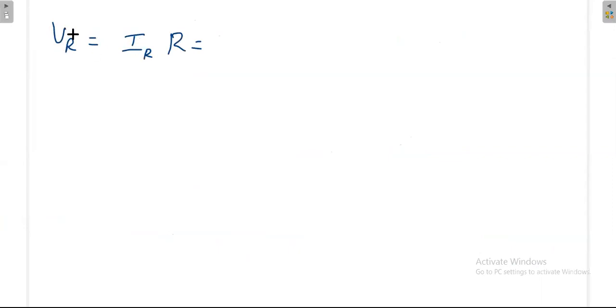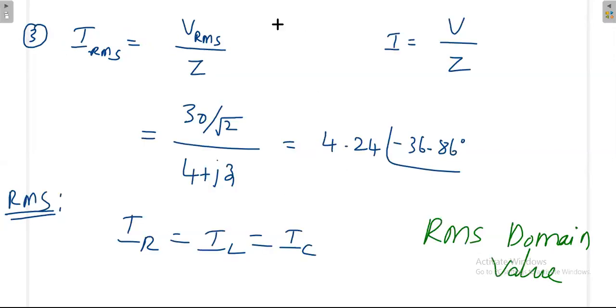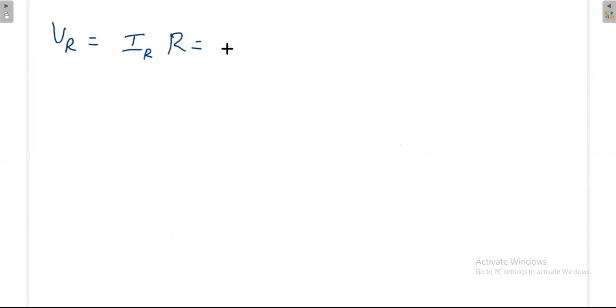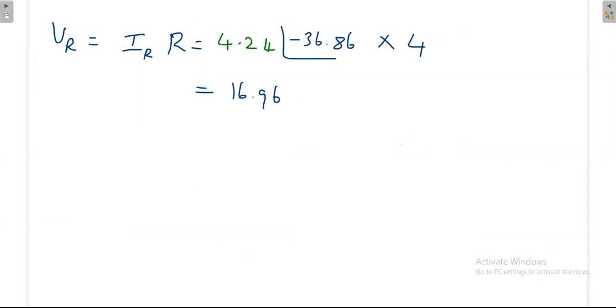That means my V also will be in RMS only. So VR is IR into R. What is the IR value? IR is 4.24 angle minus 36.86, into R value 4. So finally 16.96 with angle minus 36.86. This is VR.